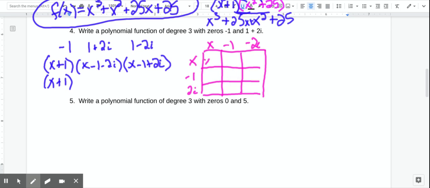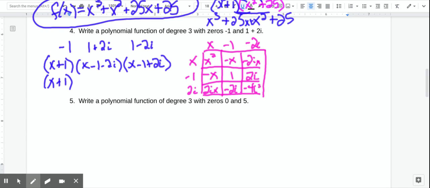So that's going to give us x squared minus x minus 2ix, and then minus x plus 1 plus 2i, and then 2ix minus 2i minus 4i squared.